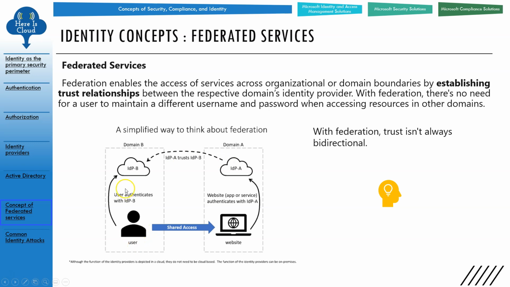So if a user is authenticated with B and they share the access, that user can go and log into A without again and again providing the user ID and password. One thing to remember here is that with federation, trust is not always bidirectional. If this user logs in here and this is allowing the user to log into this website, that does not mean the opposite is always true. It depends on what kind of trust there is, whether it is bidirectional or unidirectional.